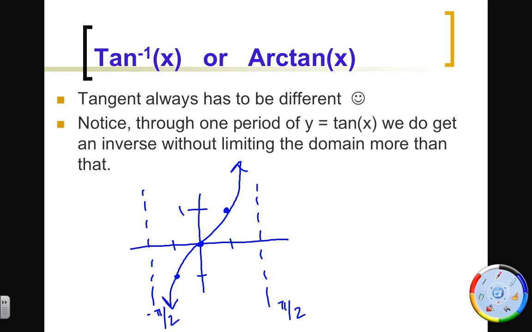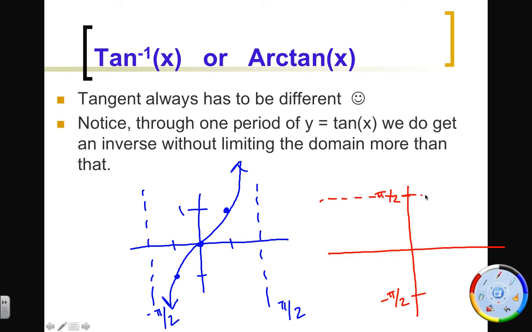And if we were to take the inverse, different color here, so we go up here to pi halves, and we go down here to negative pi halves. Well, those asymptotes have to come along, so those vertical asymptotes become horizontal asymptotes.